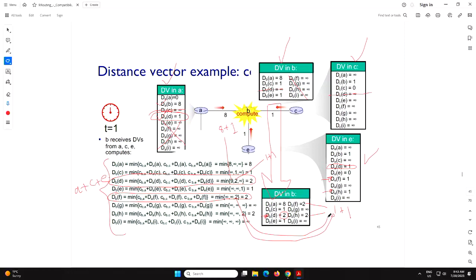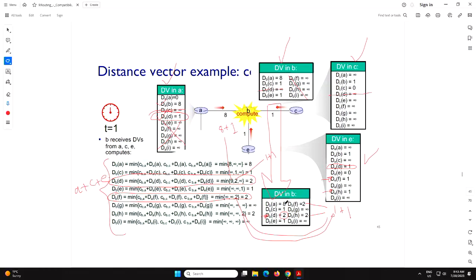So this exchange was very useful for B. B has increased its routing table. It was very small, and now it can go to so many different destinations. Before, it could go to only A, C and E, only 3 entries.